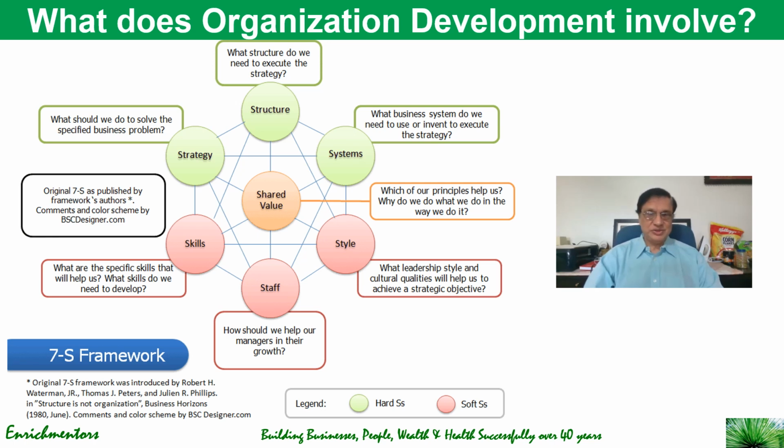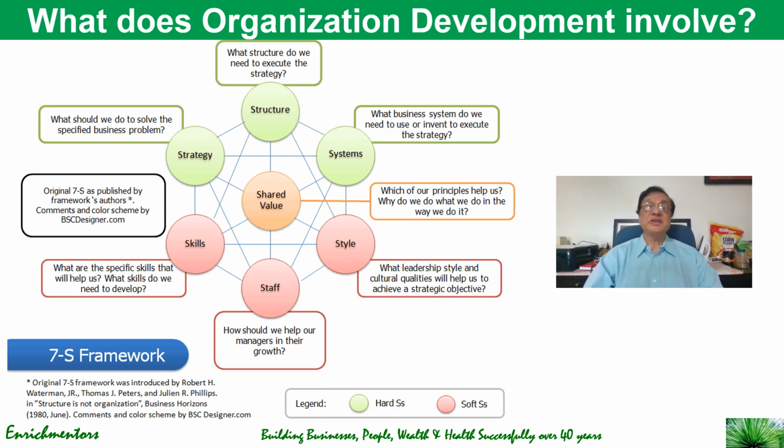It involves, as you see here, seven elements: shared values, strategies, which would have been a no-brainer, structures, and systems. Systems includes processes. So those three we had defined earlier in the definition. Then it includes other things like styles, staffing, and skills that are required to achieve organization development.